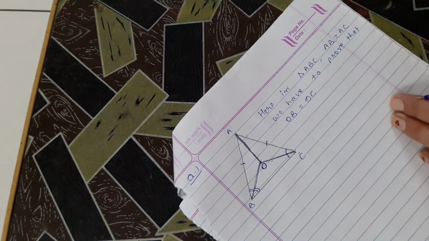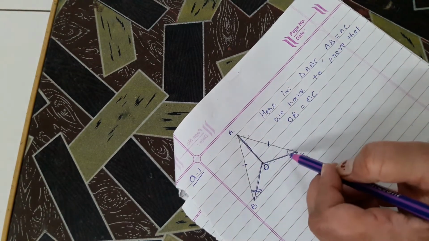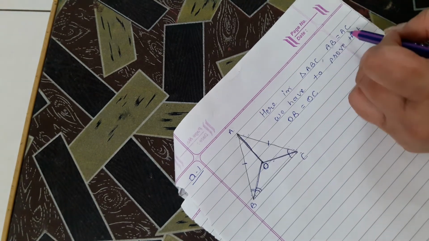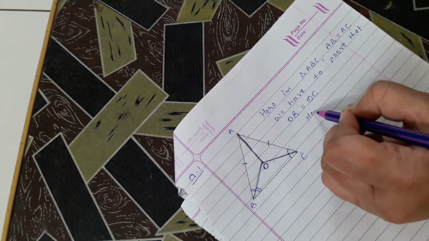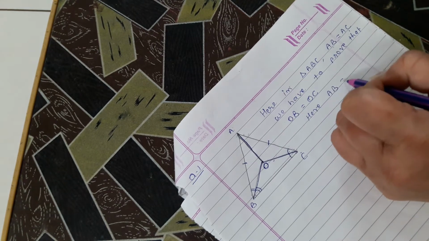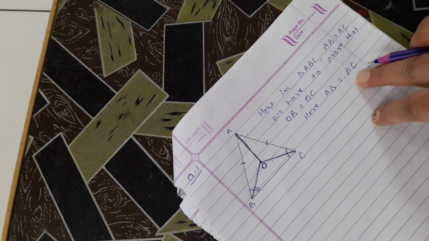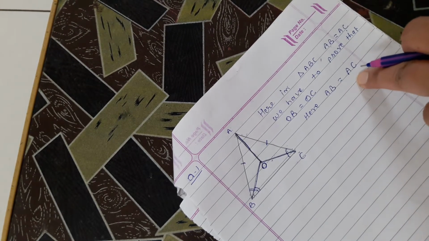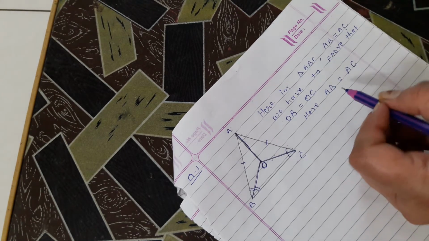Now here in triangle ABC, AB equal to AC given, right? So two sides are same in a triangle. The angles opposite to these two sides are also same by theorem 7.2.